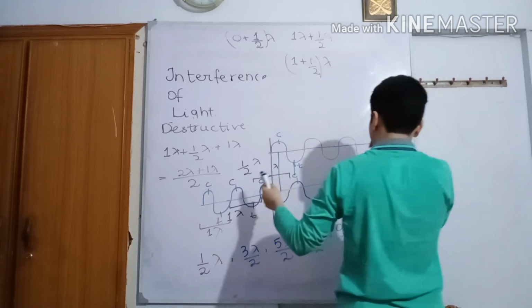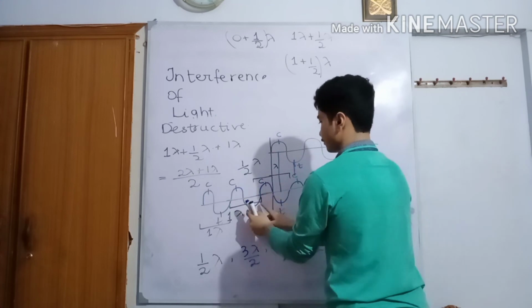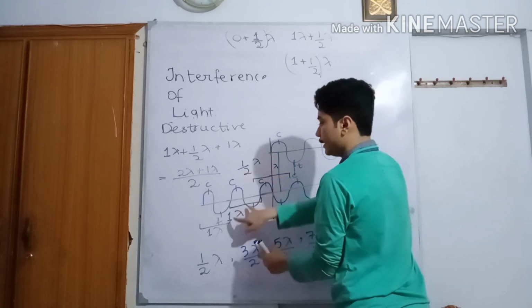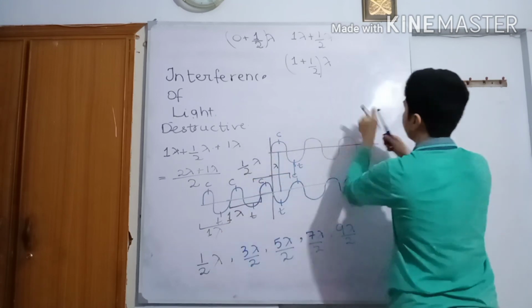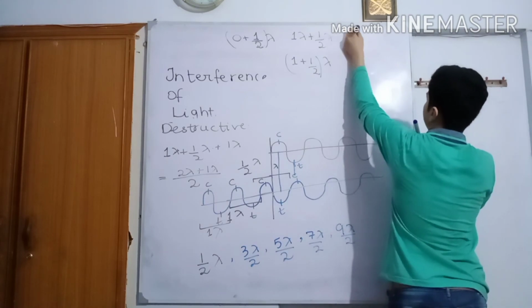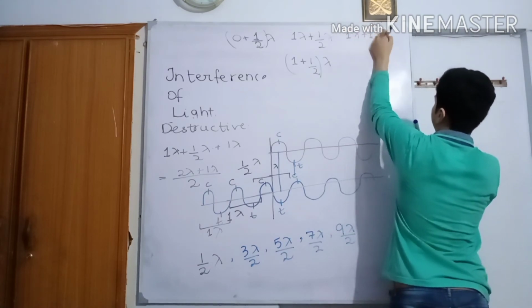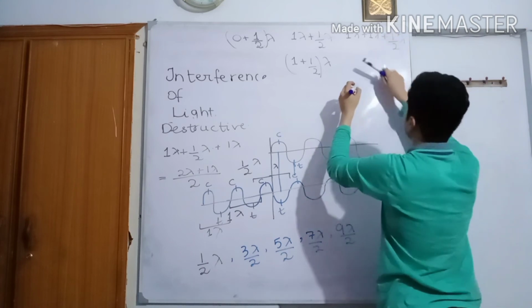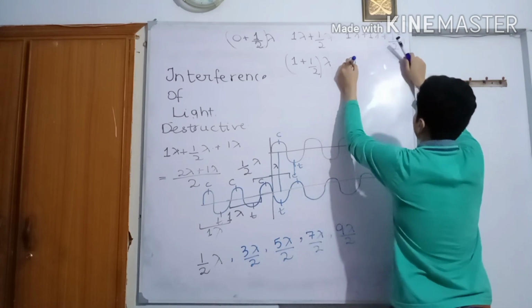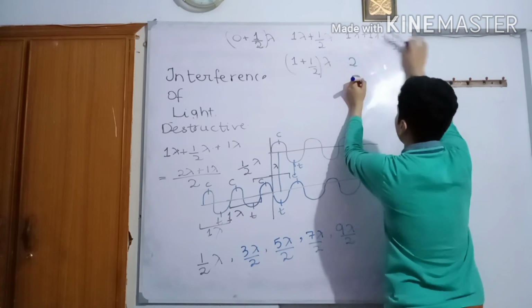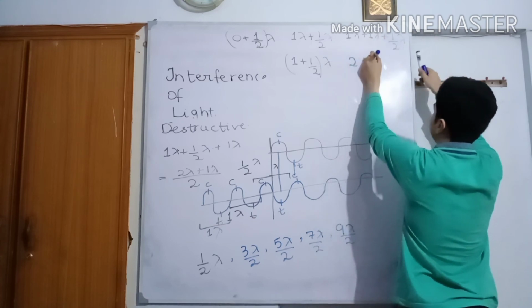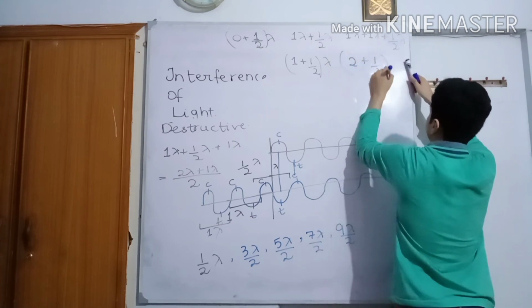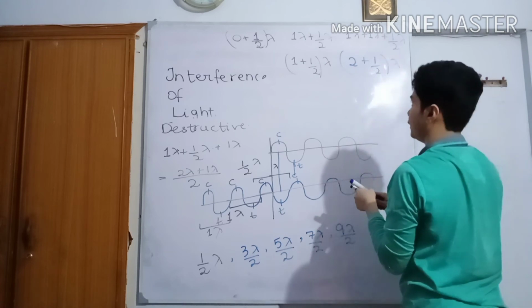Alright, when interference was half lambda plus 1 lambda plus 1 lambda, 1 lambda plus 1 lambda plus half lambda, what was happening? Basically 1 plus 1 is 2, and all three have lambda in common, so I'm gonna take lambda as common. So what is happening?